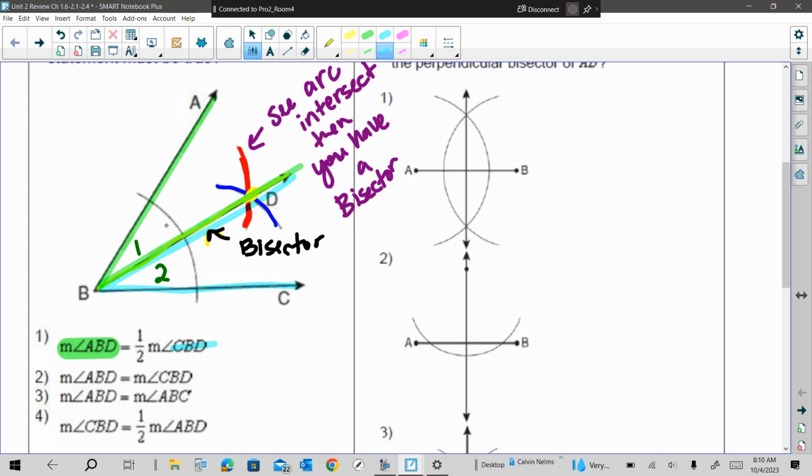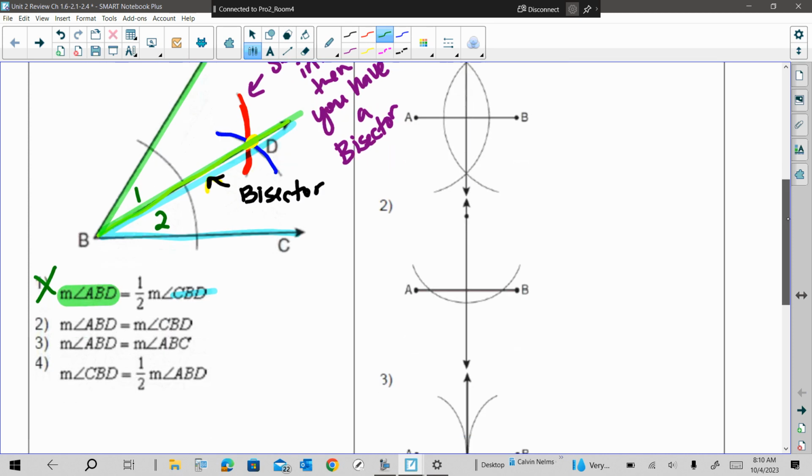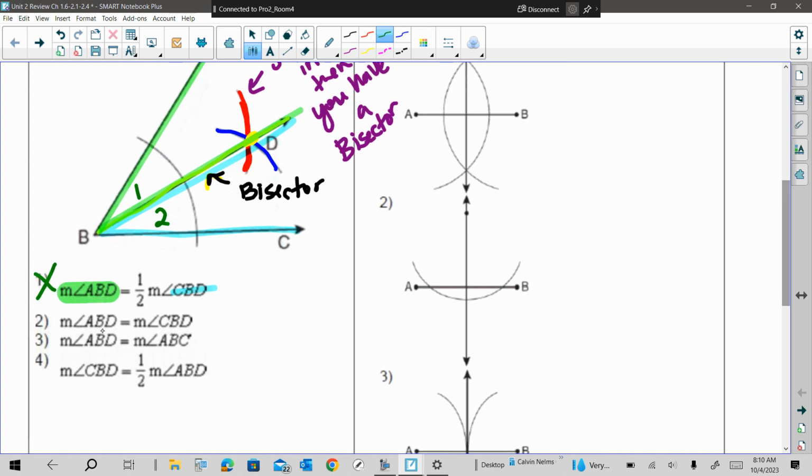No, so that's false. So we're not going to pick this answer choice. What do we know about these two interior angles? They're equal. So if I look at the next answer choice, the measure of angle ABD is equal to the measure of angle CBD. There is our answer. So you're just having to find the true statement.